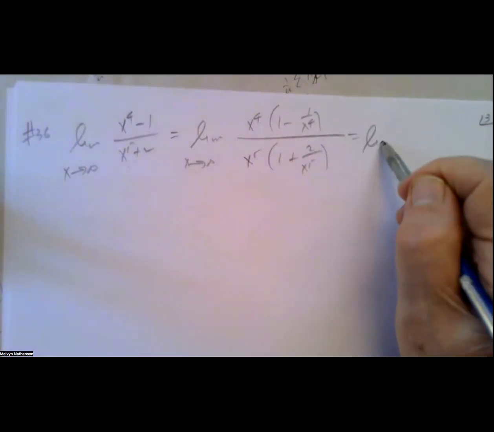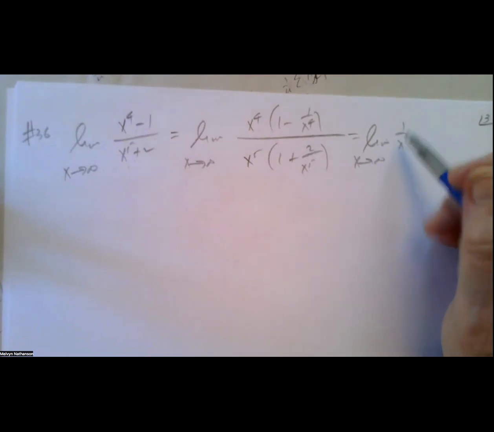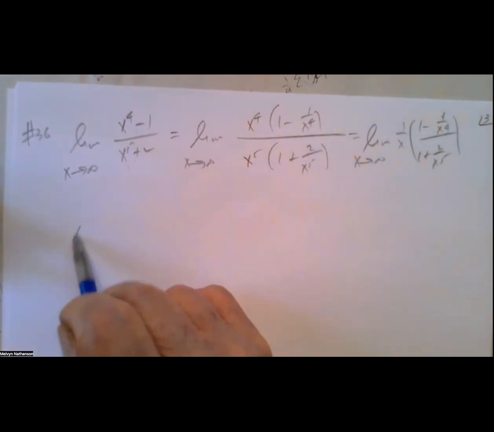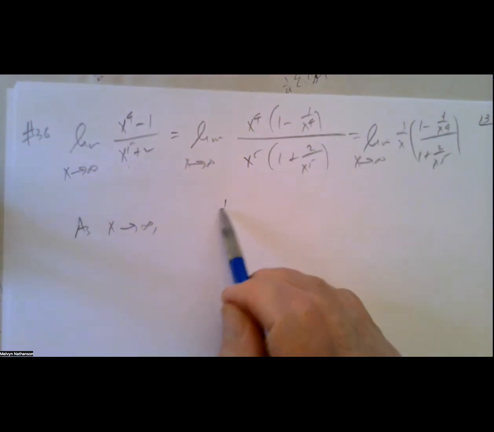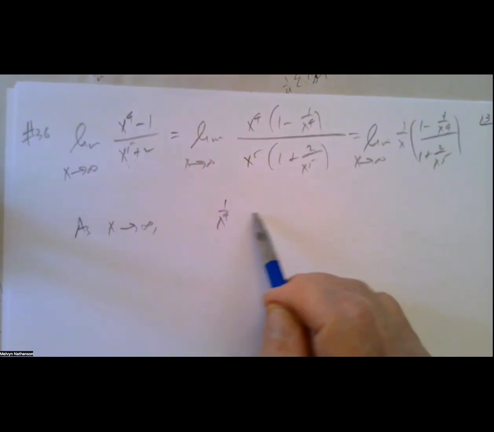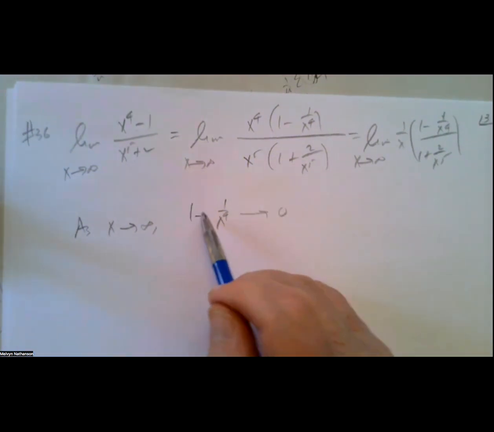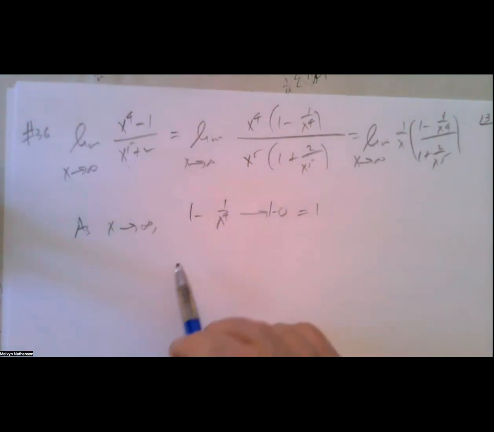And x to the fourth over x to the fifth is 1 over x times 1 minus 1 over x to the fourth over 1 plus 2 over x to the fifth. Now, as x goes to infinity, 1 over x to the fourth goes to 0. So 1 minus 1 over x to the fourth goes to 1 minus 0, or 1.